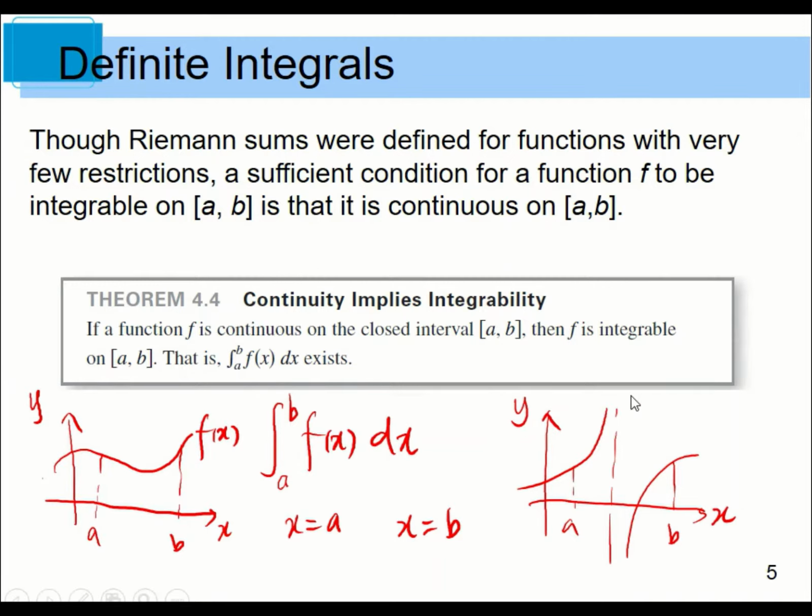Therefore, in this case, the function is not integrable within this interval. So continuity implies integrability. It means that if it is continuous, then we can integrate.